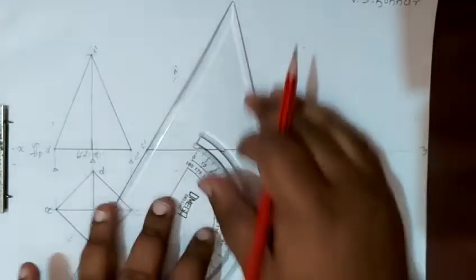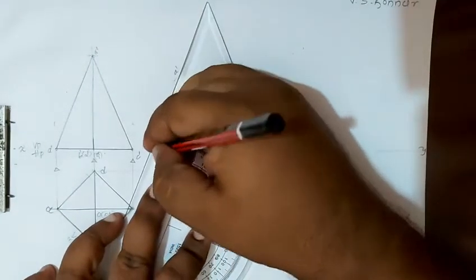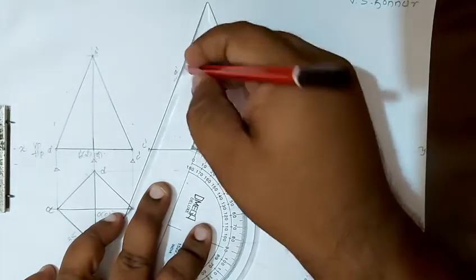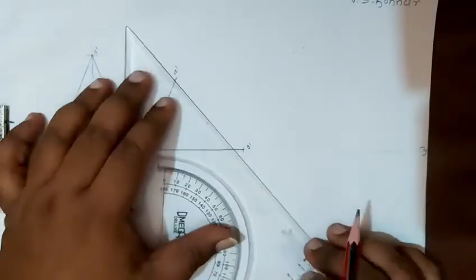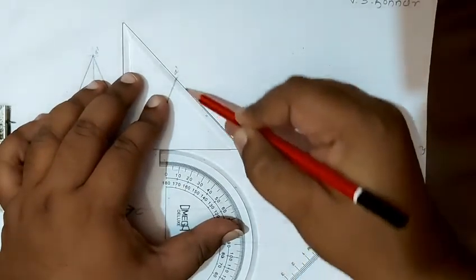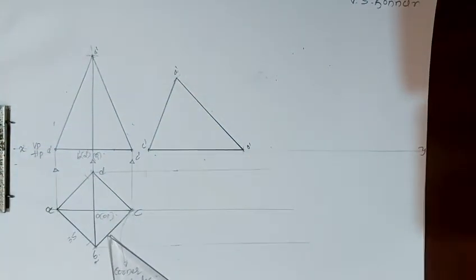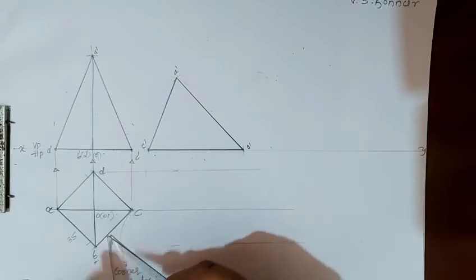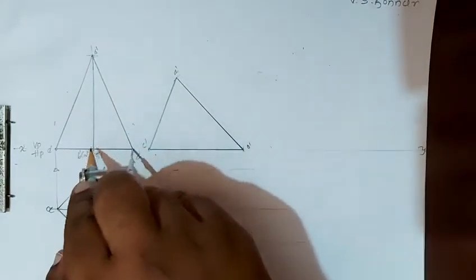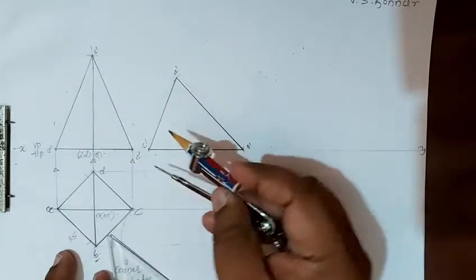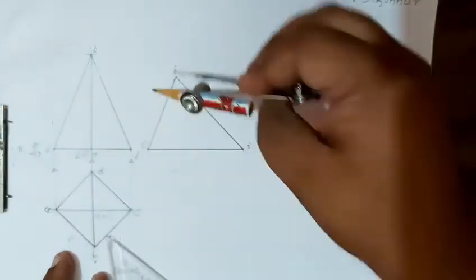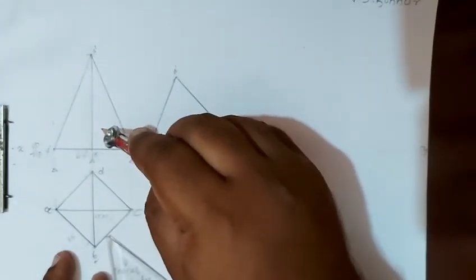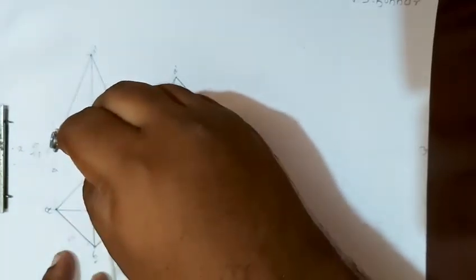Now we'll join C dash to A dash. Then we'll join O dash to A dash point. Another point is left, O1 dash, or B dash D dash point. Now we'll take the distance and cut from C dash A dash. These distances are the same.